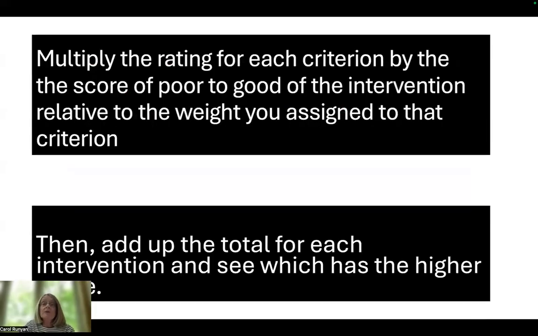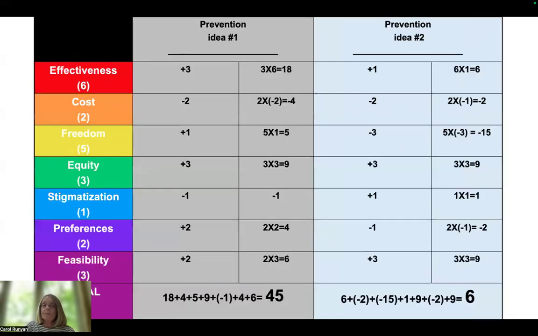And then what you do is you multiply the rating for each criterion by the score of poor to good of the intervention relative to the weight you assign to that criterion. And then you add up the total for each intervention and see which has the higher score.